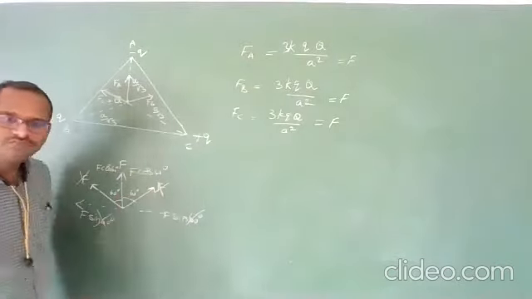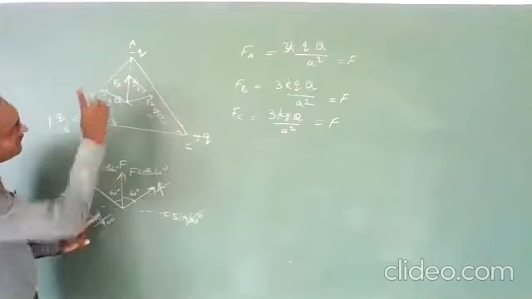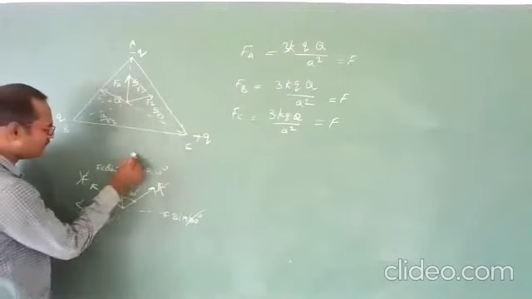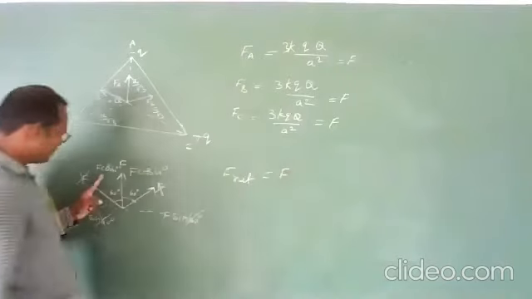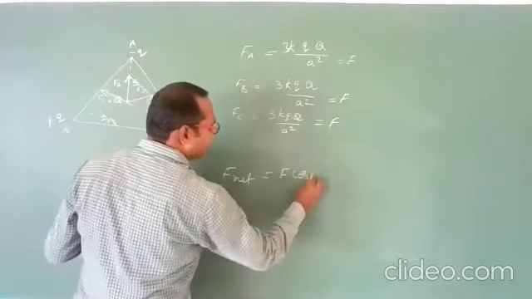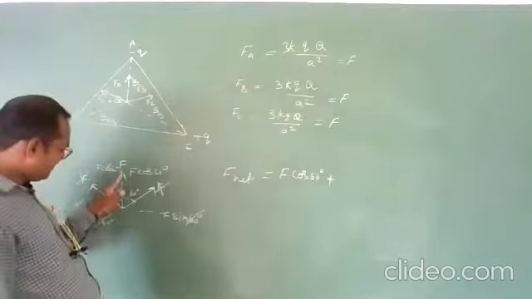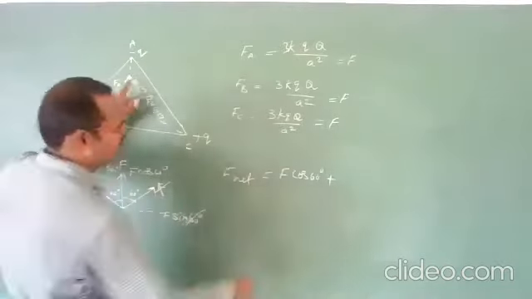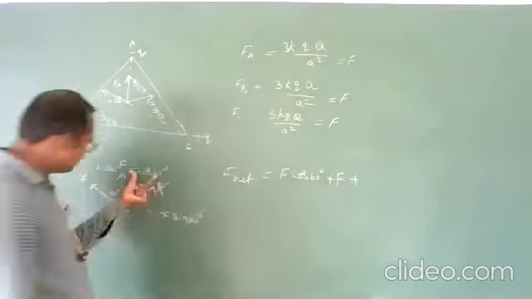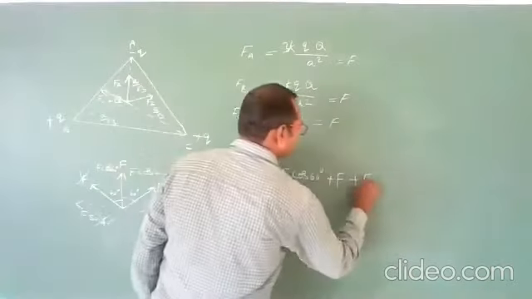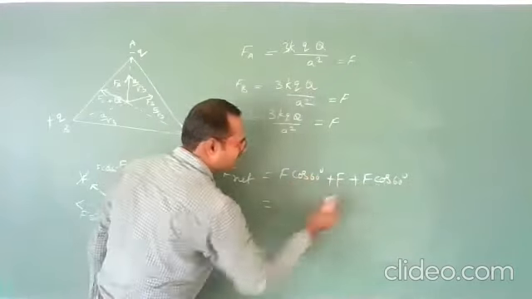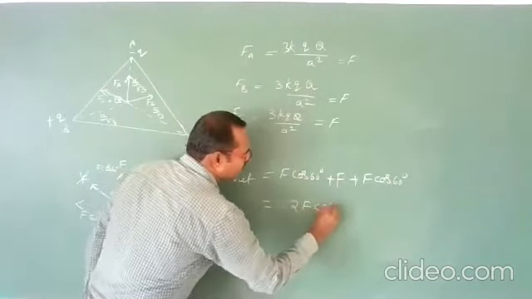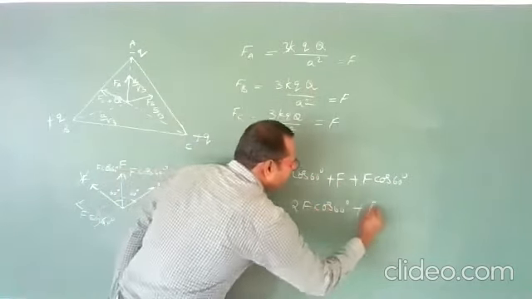Now along the vertical, in the upward direction, the forces are there. Net force is F cos 60 plus the already present F, plus this F cos 60. So it will be F cos 60 plus F cos 60, that is 2F cos 60, plus F.